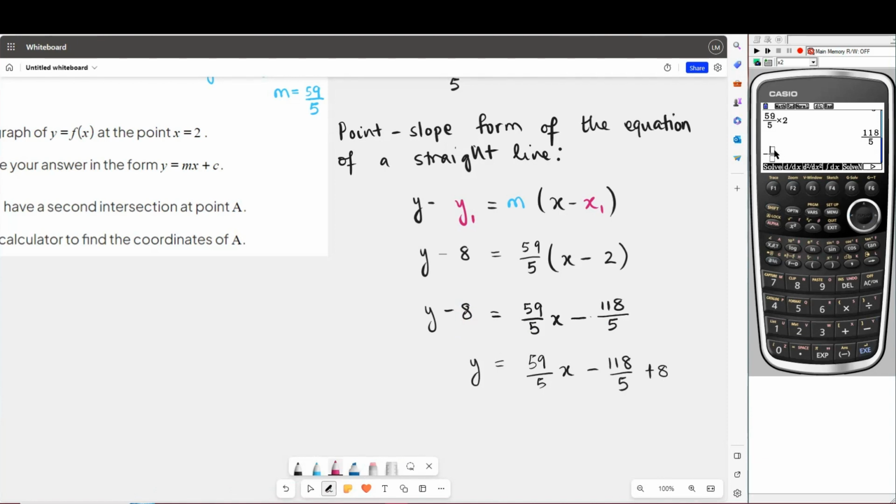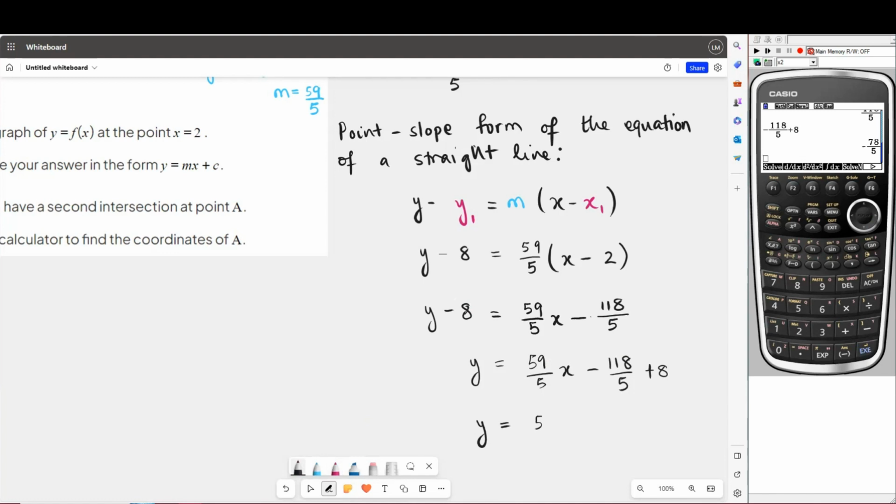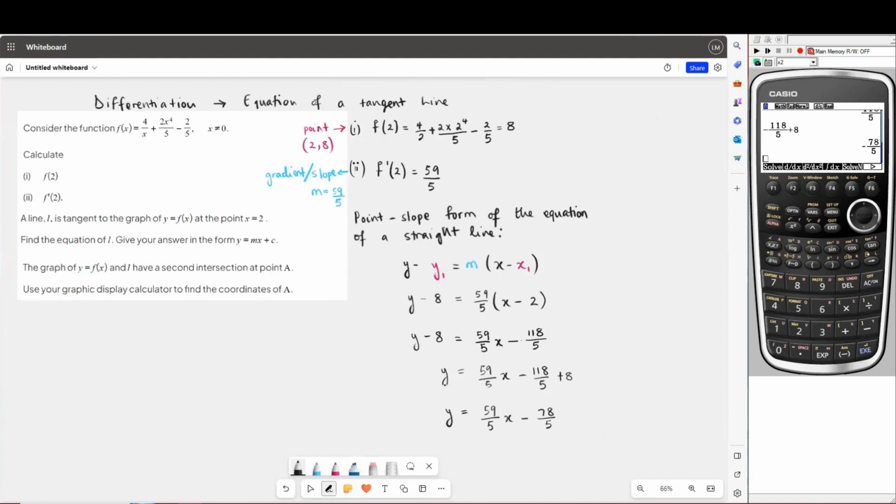Because that's the sign that's in front of 118 over 5, right? So negative 118 over 5 plus 8 is negative 78 over 5. So y is equal to 59 over 5 x minus 78 over 5. So that's it. That is the equation of the tangent line.